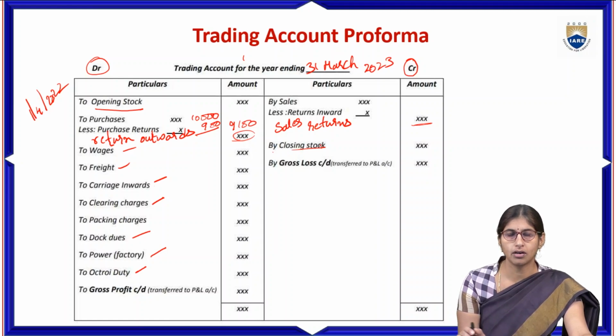Closing stock is whatever stock is left over in the factory, which we have to value and write here.